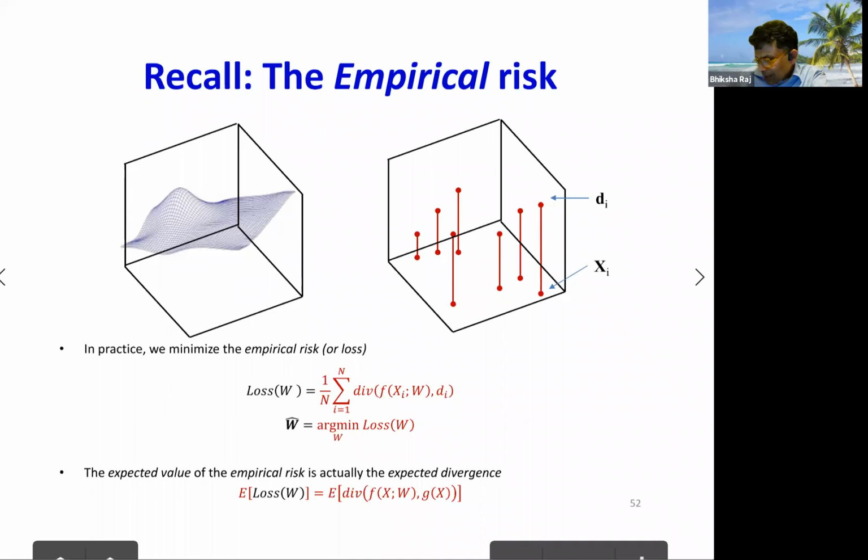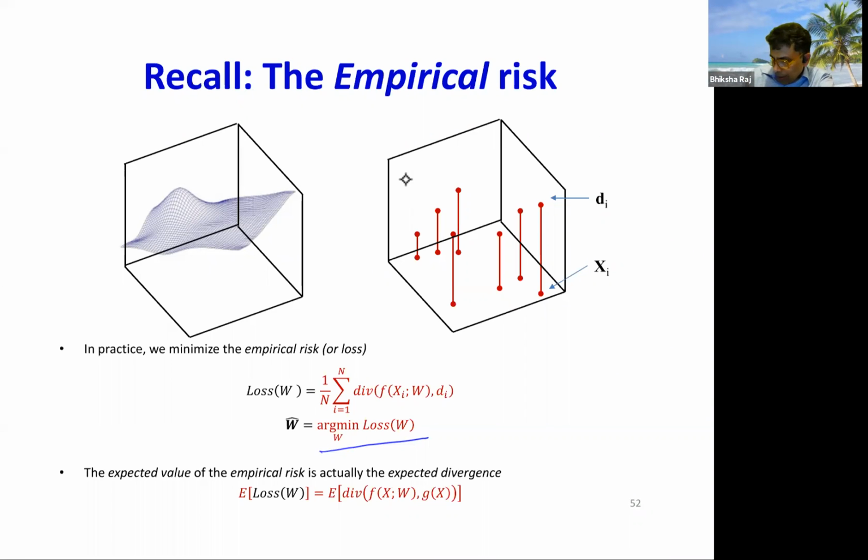So instead, the loss we compute is the empirical risk, which is the average divergence between the actual and desired outputs computed at a sampling of training instances. And we estimate our parameters to minimize this loss.